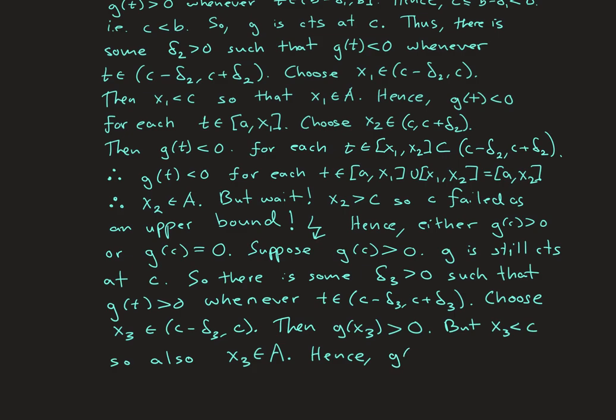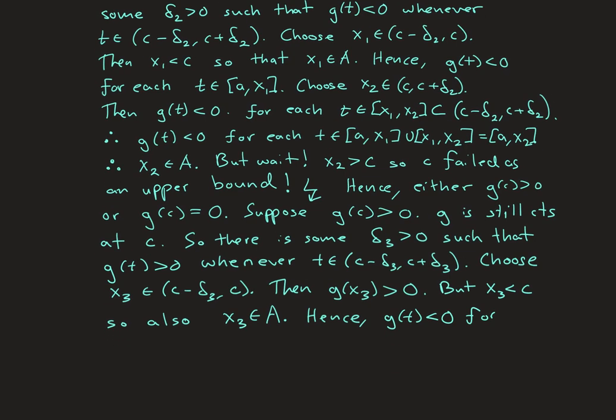It means that g of t is less than 0 for each t in the closed interval from a to x sub 3. So in particular, I know that g of x sub 3 is less than 0. Okay, so what I'm telling you is that g of x sub 3 is both positive and negative. That's an outrageous contradiction.